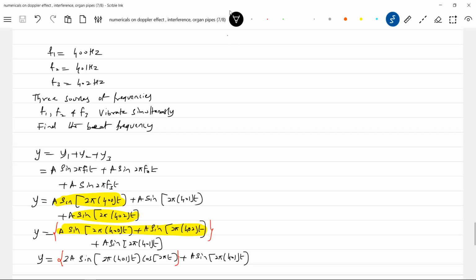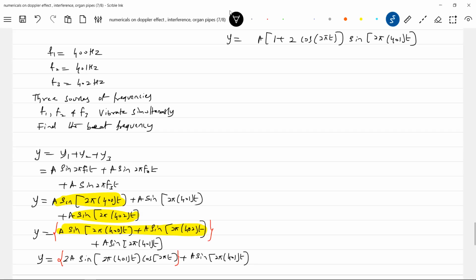So y is equal to, if I take sine common, I'll be left with A into (1 plus 2 cos 2 pi t) sine of 2 pi 401 t.